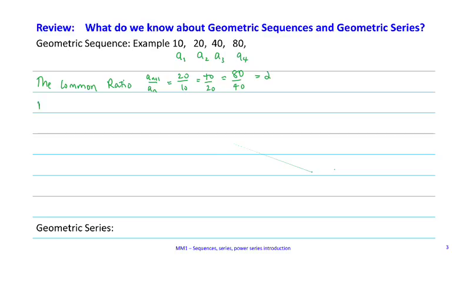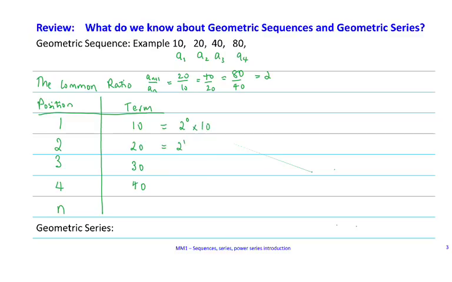So our position and our term: we have position 1, 2, 3, 4, and n. So our term was 10, 20, 40, 80. This here is 2 to the power of 0 times 10.